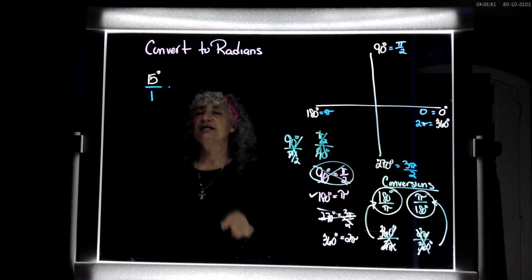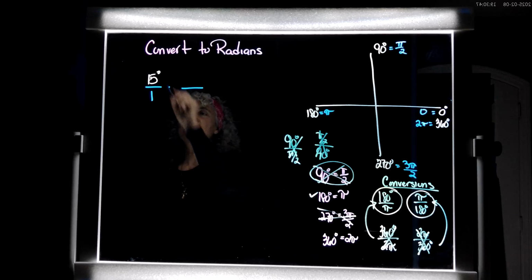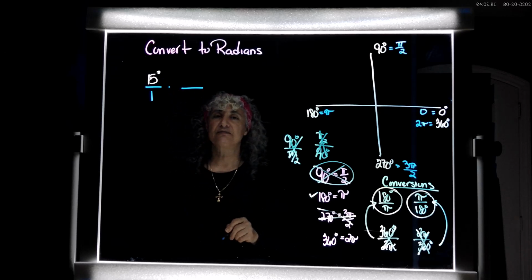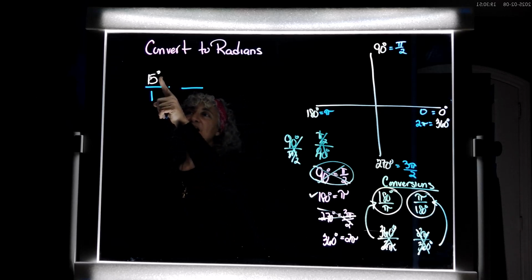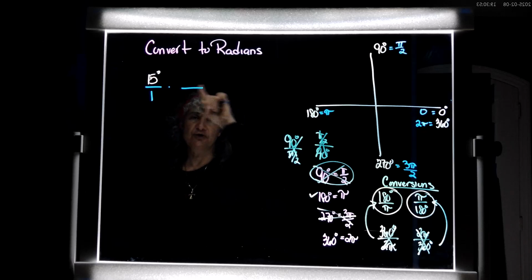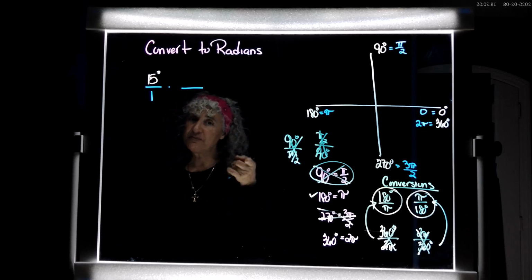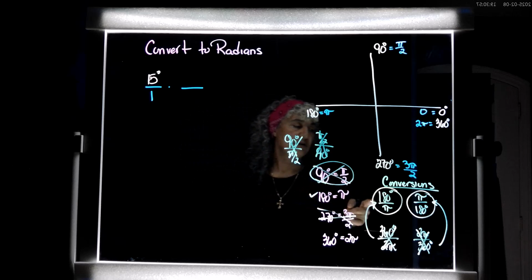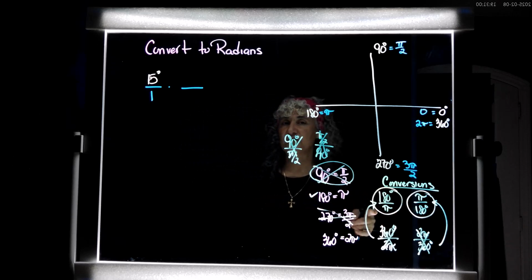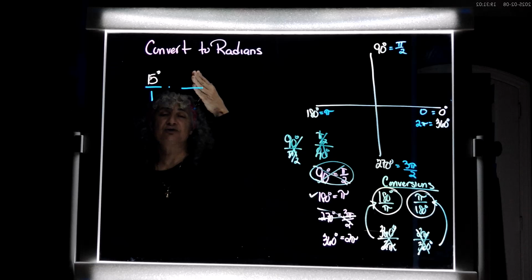Now they want it in radian measurements, which means the degrees must cancel. So since this degree is in the top, I need a degree on the bottom so the degrees cancel. Which means, which of these two conversions would I use? Do I want the 180 degrees on the top or do I want it on the bottom?